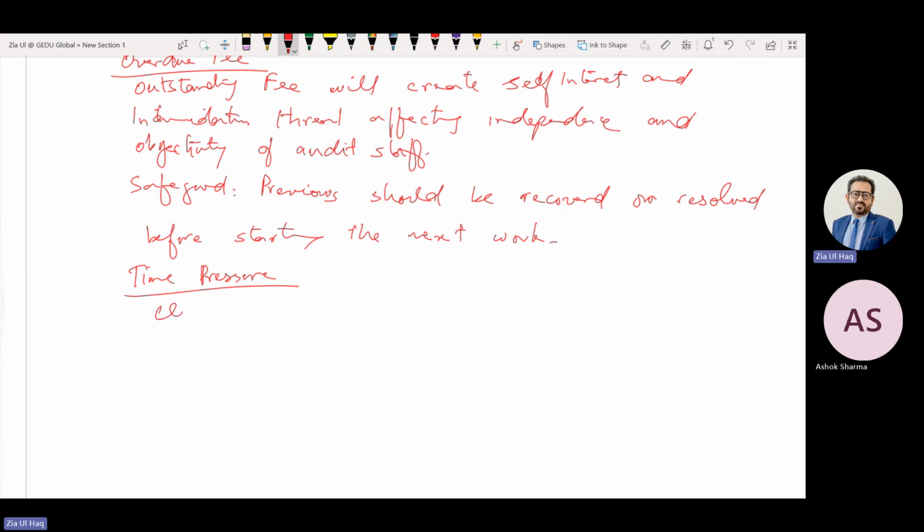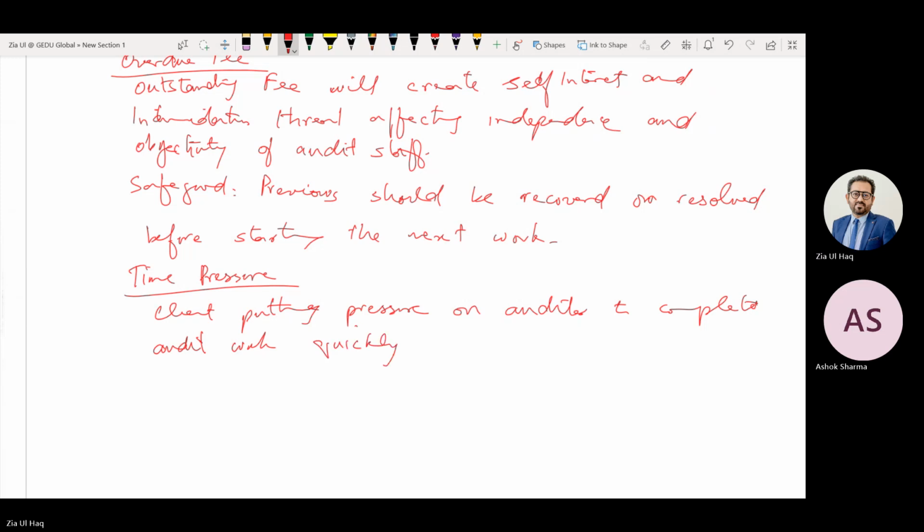So client putting pressure on auditor to complete audit work quickly.